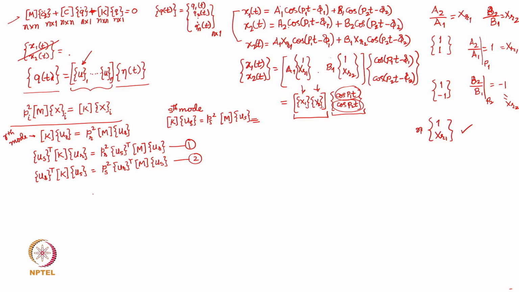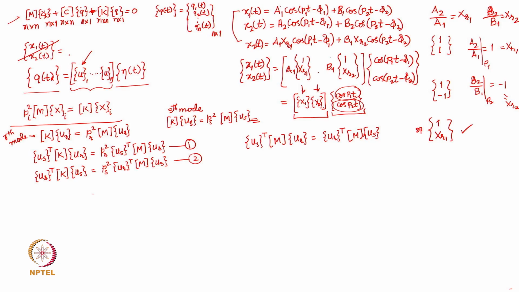Now, as long as your matrices are symmetric, it is possible to show that these mode shapes are orthogonal: US transpose M UR is equal to UR transpose M US. You can try this on any sample example containing a mass matrix or stiffness matrix.